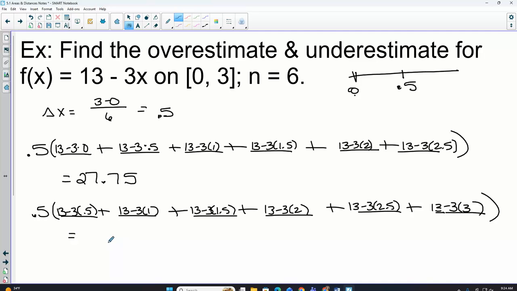What do you get for that one? 40.75. How about 23.25?